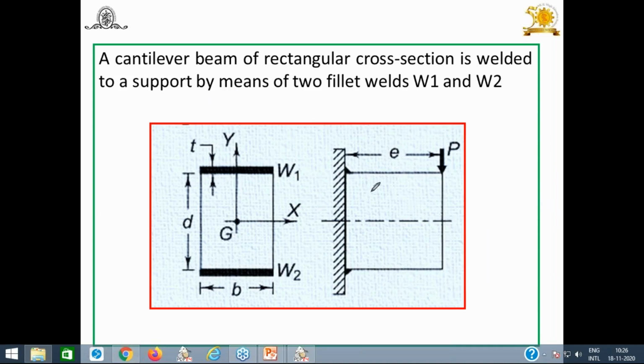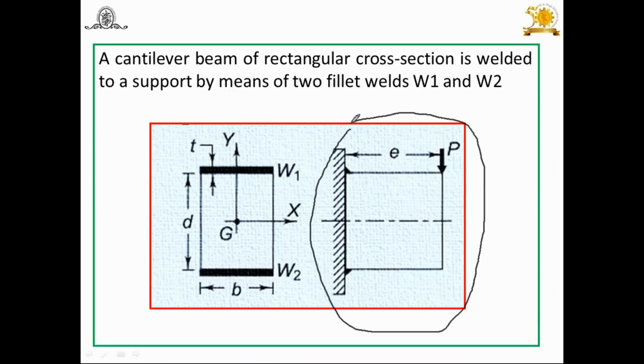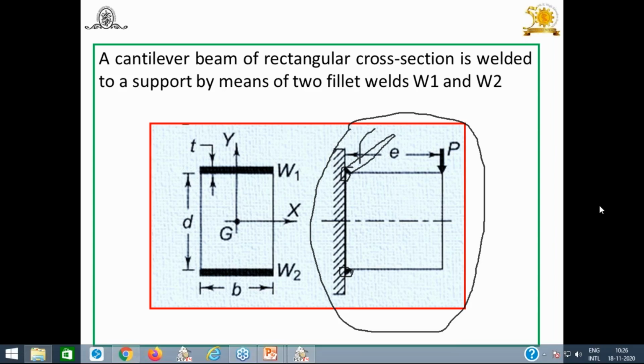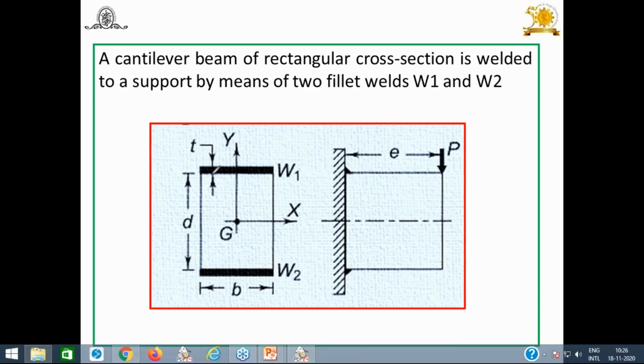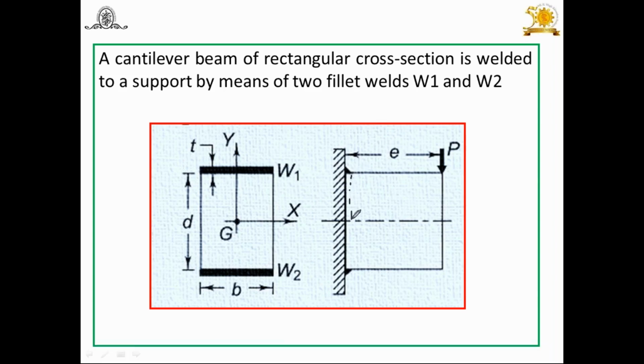Sometimes only this figure is given, and it does not give you a guideline on how many welds there are. Here you observe welds 1 and 2, but how much the length of the weld is, we don't know. The thickness we are assuming as t. Suppose, just for discussion, there is another weld from this side, shown by a hidden line, that is W3.